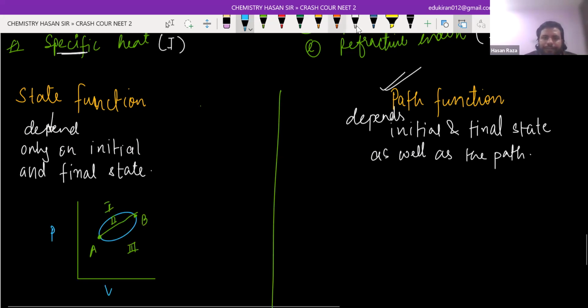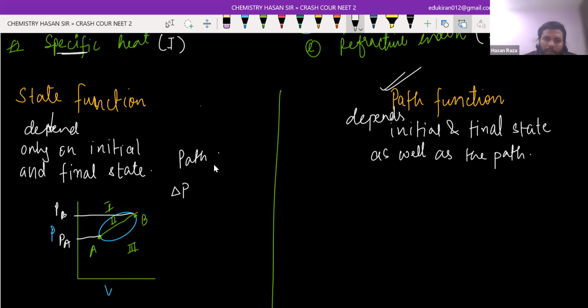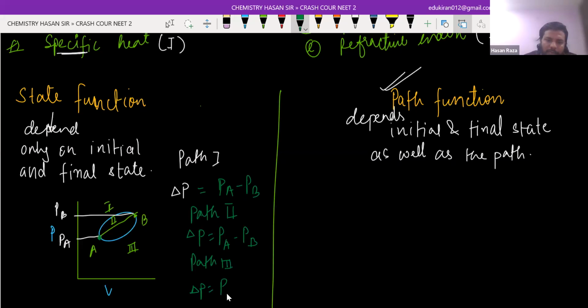You know that this is PA and this is PB. Now if you want to calculate the change in pressure through path 1, delta P will be equal to PA minus PB. If you go for path 2, again the change in pressure, delta P, will be equal to PA minus PB. And if you choose path 3, delta P is equal to PA minus PB, right?